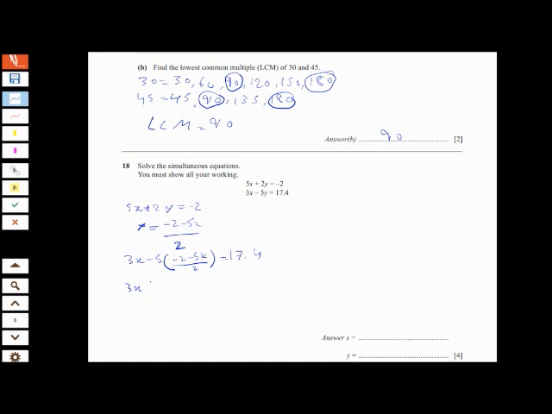3x plus 10 plus 25x over 2 equals 17.4. Multiply all by 2, you get 6x plus 10 plus 25x, and then 17.4 times 2 is 34.8.